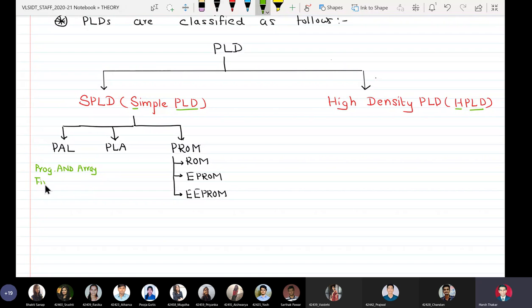It has a fixed OR array. PLA has a fixed AND array, programmable OR array. Okay.